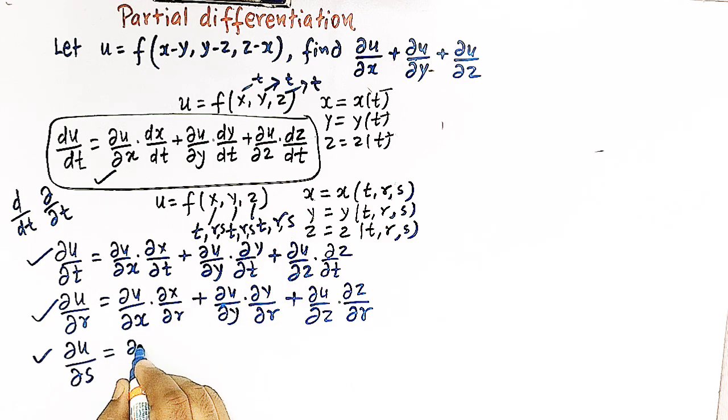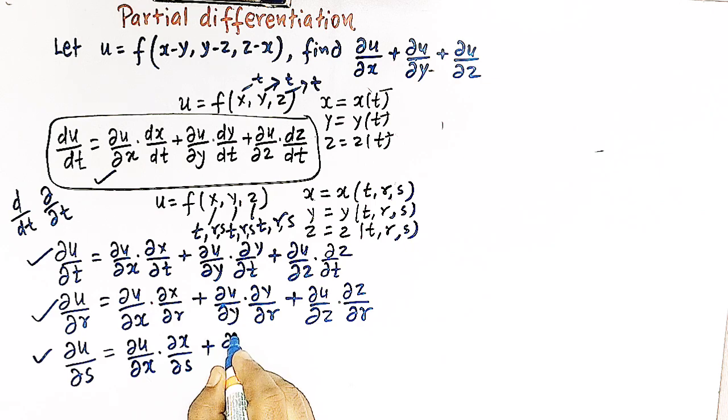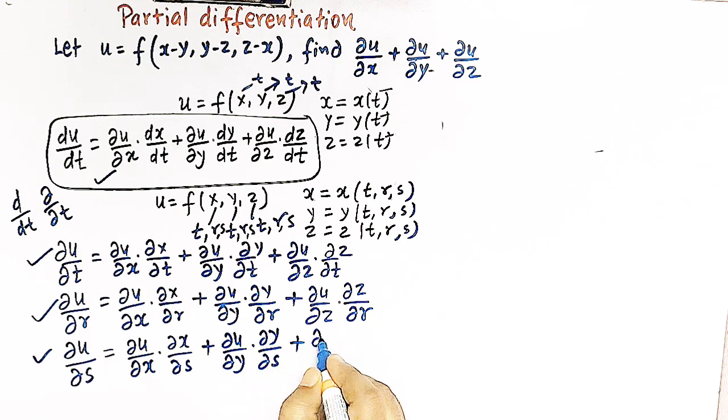So here we have del u over del x, and here we can now write del x over del s, and here we have del u over del y, and here we have del y over del s, and here del u over del z, and here we have del z over del s, right?